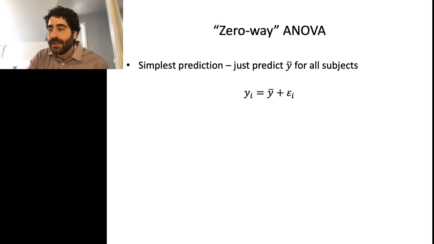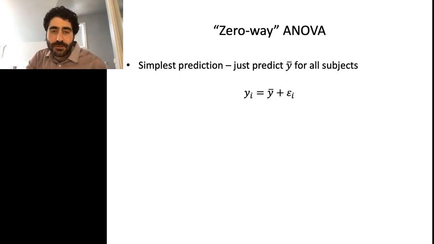And so our prediction model would look like this, right? So y_i is the actual outcome for this person. And here is our prediction for this person, which is we're just going to predict the mean outcome for everyone. And then this plus epsilon is soaking up all of the mistakes that we're making, right? So each person's actual outcome is equal to our prediction plus how wrong we were for this particular person.